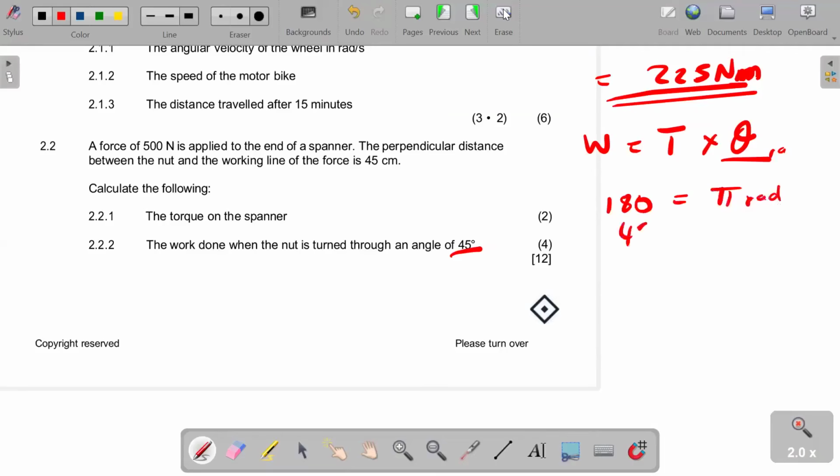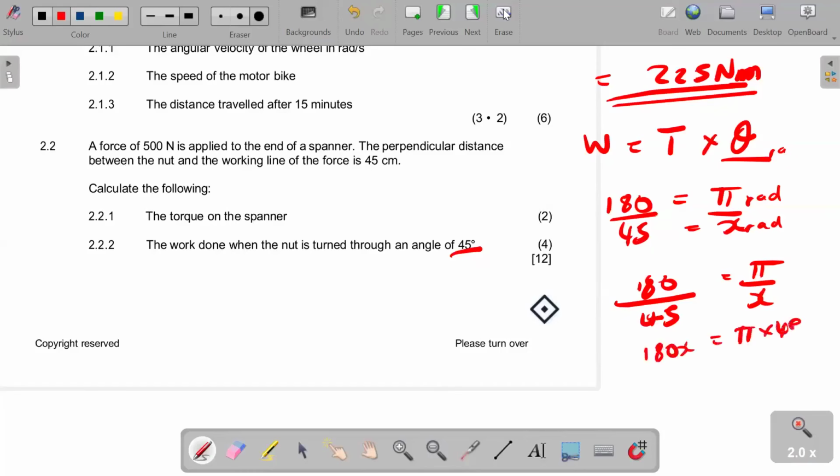Then 45 degrees is therefore equal to x radians. We'll create an equation out of that. 180 over 45 is equal to pi over x. Cross multiply: 180x is equal to pi multiplied by 45, divide by 180, divide by 180. So it means x is equal to 0.7854 radians. So it's now in radians.